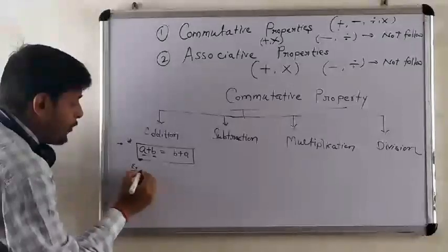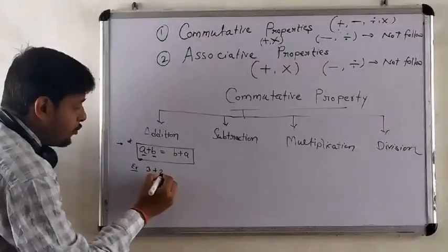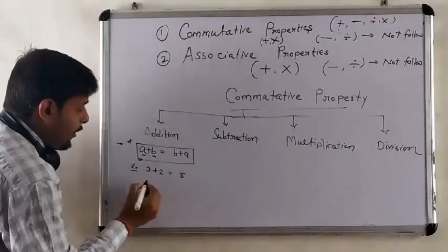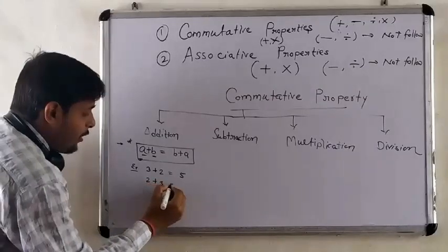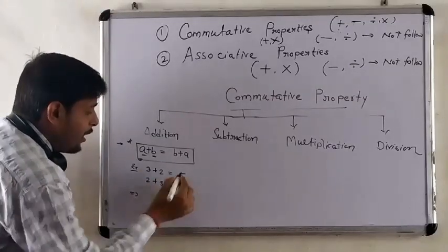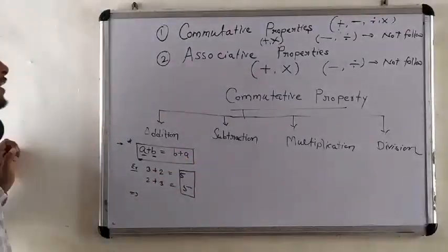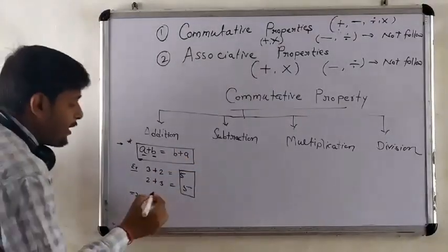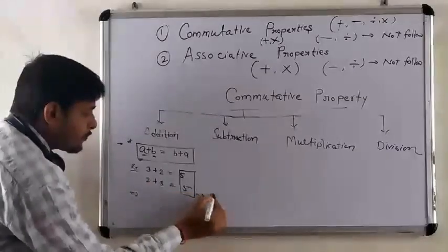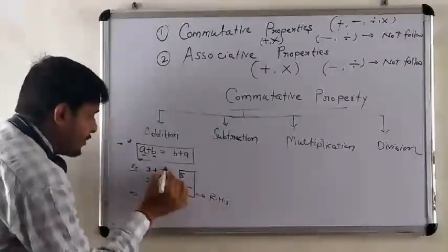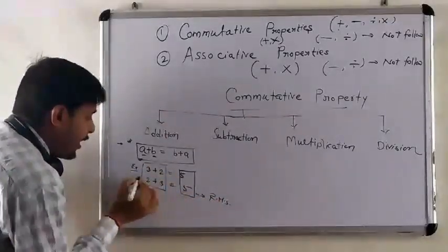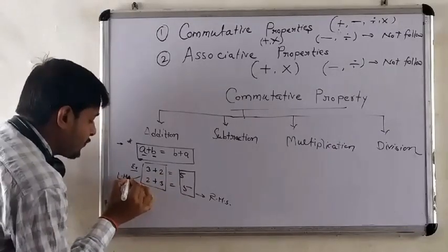Let us take an example. 3 plus 2 equal to 5. 2 plus 3 equal to 5. दोनों का राइट हैंड साइड क्या है? इक्वल. तो हम कह सकते हैं दोनों का लेफ्ट हैंड साइड भी क्या होगा? इक्वल.